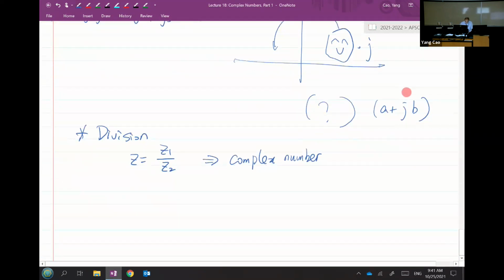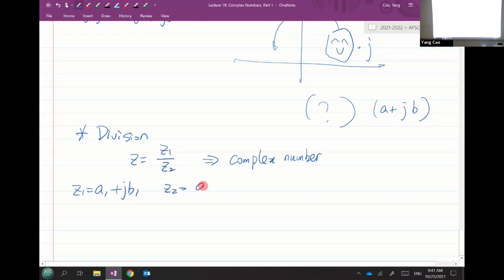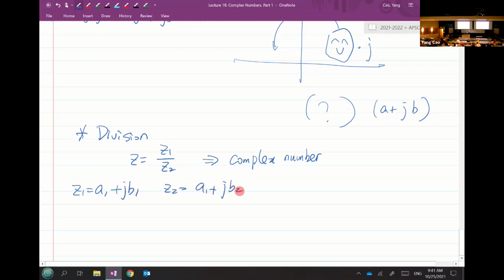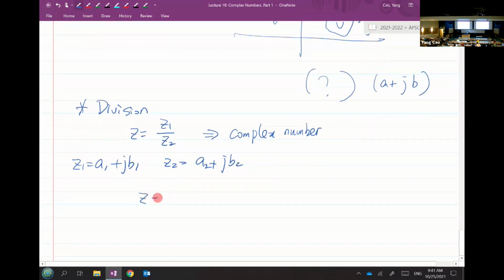So how do we do this division? Here's how you do it. Remember z1 is a1 plus jb1, and z2 is a2 plus jb2. So when you divide, essentially you get (a1 plus jb1) over (a2 plus jb2).